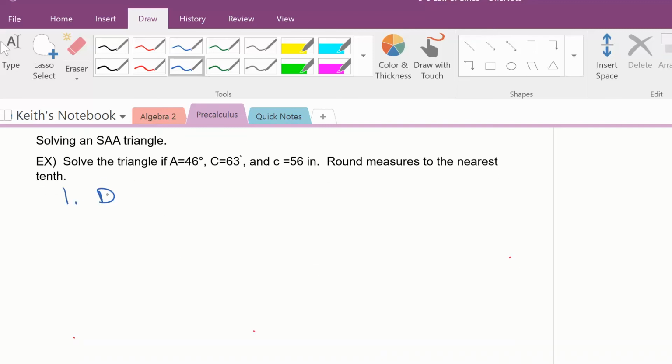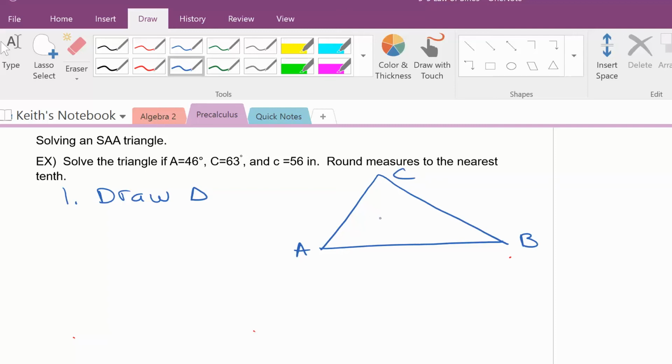So the first thing we're going to do is draw the triangle. So we'll put angle A, B, C, and angle A is 46. Then here it's 63, and then 56. So we're missing side A, side B, and angle B. Those are the three things that we're missing.